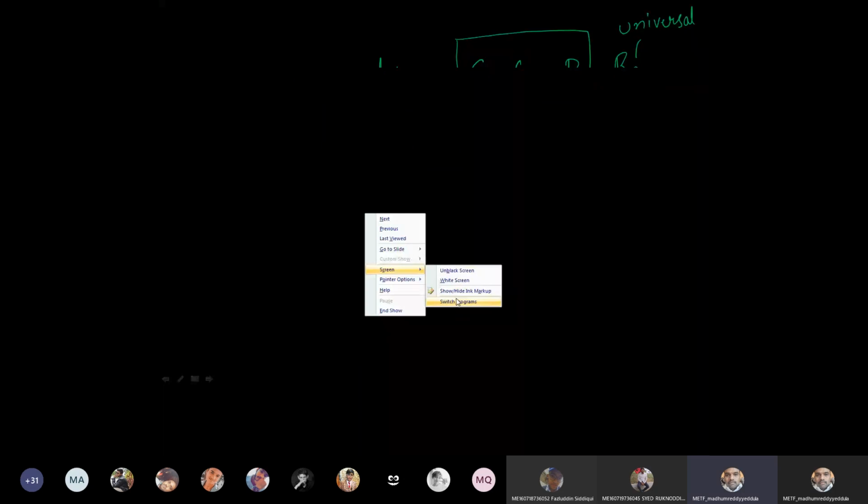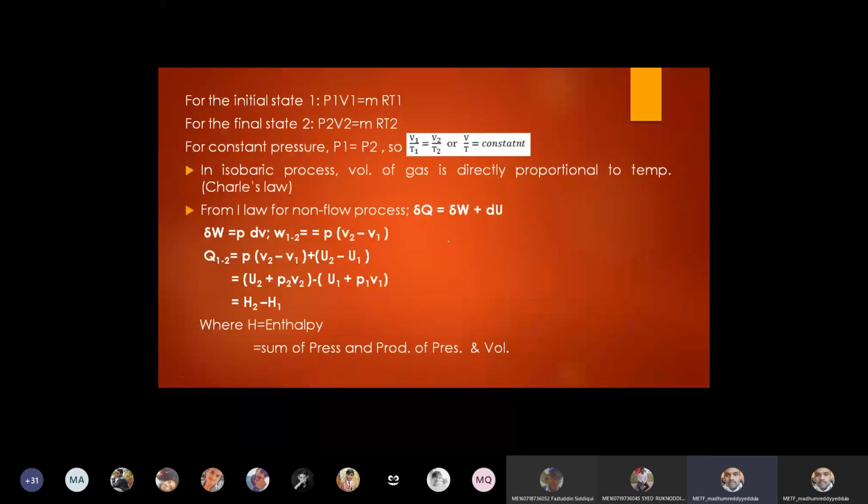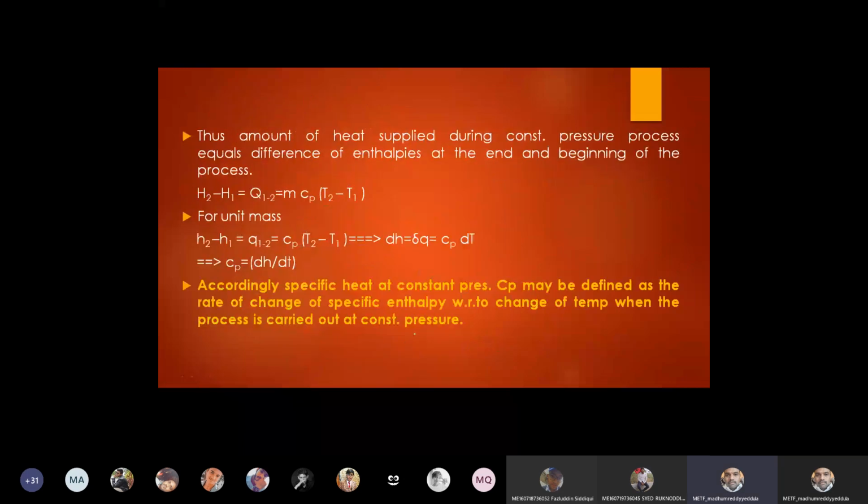This is a constant pressure process, so this is what we derived. δW equals PdV, so W12 equals P into (V2 minus V1). If you substitute in Q equals δW plus dU, we get (U2 plus P2V2) minus (U1 plus P1V1). The sum of internal energy and the product of pressure and volume is enthalpy, so H2 minus H1, which equals m Cp (T2 minus T1).